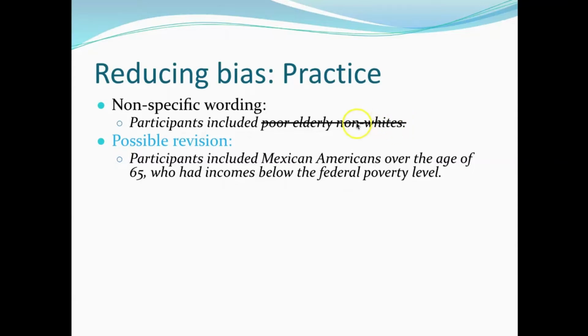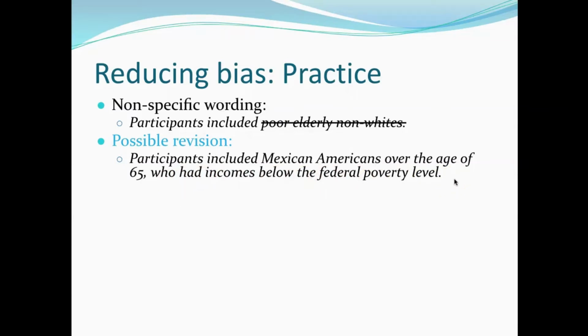So here the specific group of non-whites that the article happened to be talking about could have been Mexican Americans. Instead of the word elderly, we have a specific age range, over the age of 65. And instead of the word poor, we use this longer phrase, who had incomes below the federal poverty level.